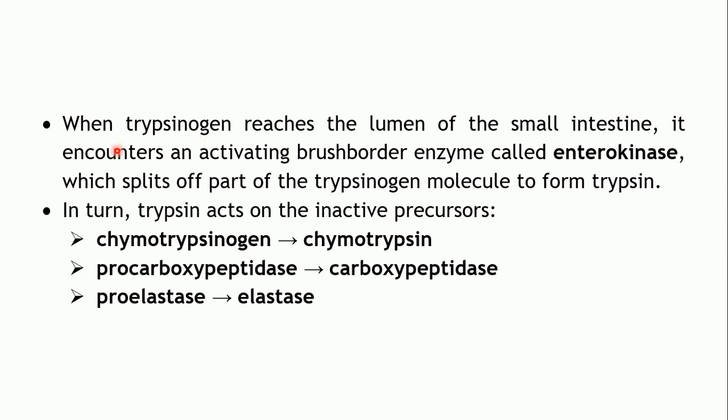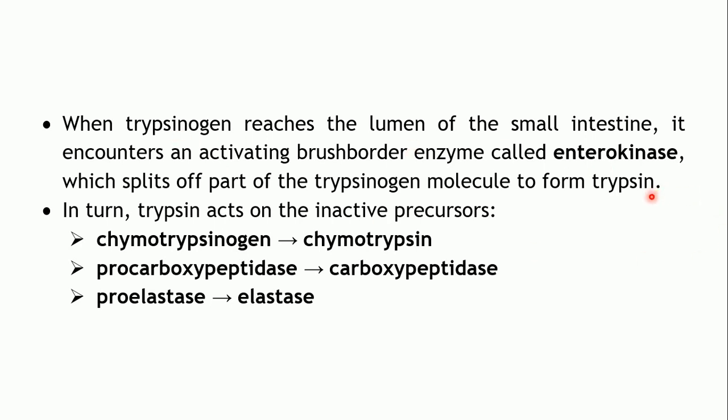Now, once this trypsinogen is secreted into the lumen of the small intestine and reaches the duodenum, it will encounter an activating brush border enzyme called enterokinase. This enzyme is responsible for activation of trypsinogen to trypsin.